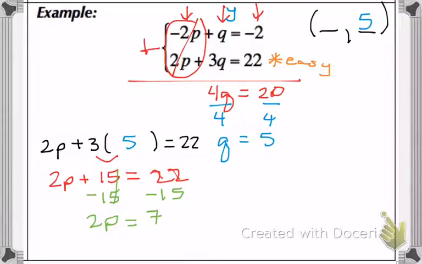And then I'm going to divide by 2. And I get p equals 7/2. If your teacher's okay with fractions and decimals, this would also be 3.5. So that's going to be right here, my 7/2.